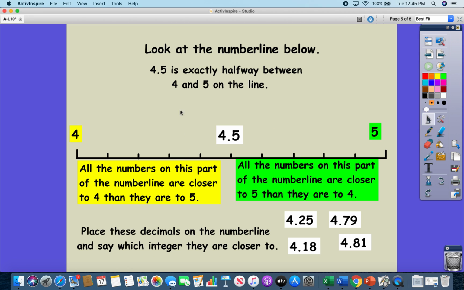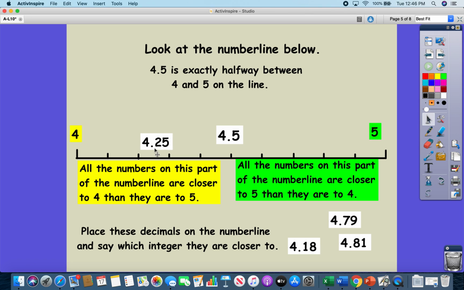Okay. So again, look at the number line below. 4.5 is exactly halfway between 4 and 5 on the line. All the numbers on this part of the number line are closer to 4 than they are to 5. All the numbers on this part are closer to 5 than they are to 4. So 4.25, well, that's going to go here, right? 4.1, 4.2, 4.3, 4.4. This place is 4.5.